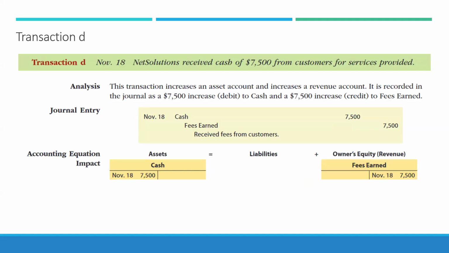We would increase our cash and increase a liability called unearned revenues. But in this case, we provided the service. So what happens? Cash goes up, and don't our revenues, our fees earned increase? Because revenues being increased increases our owner's equity. That's why we credit it.